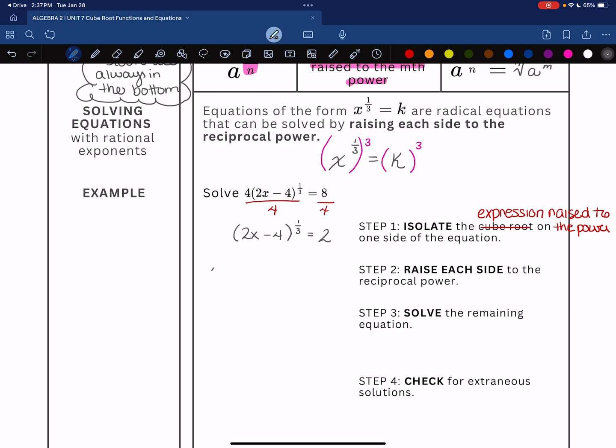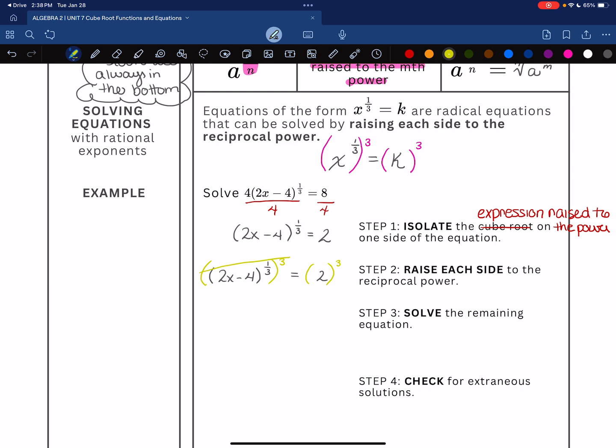So I'm going to take both sides and raise them both to the reciprocal power. The reciprocal of 1/3 is 3/1, but I don't need to write the 3/1 because dividing by 1 is understood.